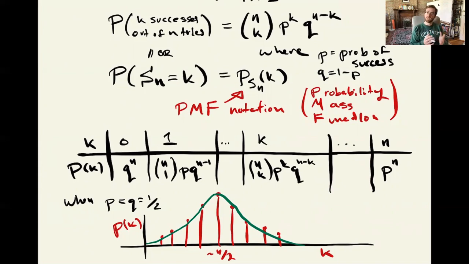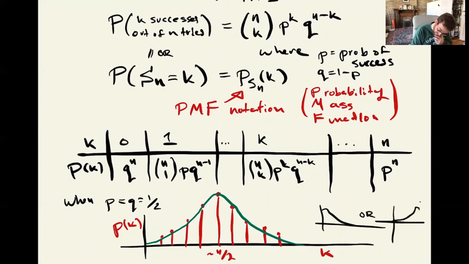And in the case where things are evenly balanced, this curve looks nice. But in general, it could also look a little weird. It could look like this, or even be tilted the other way, all depending on what the values of p and q are. And studying the limiting behaviors for p and q in these different situations is going to be a subject for the next several lectures.